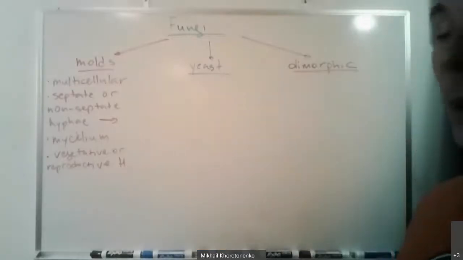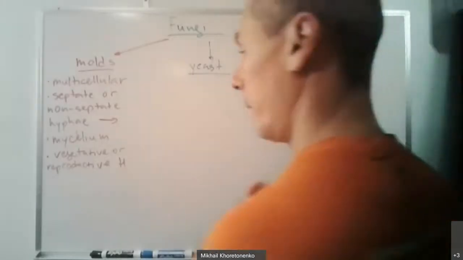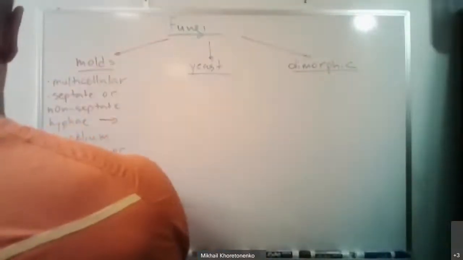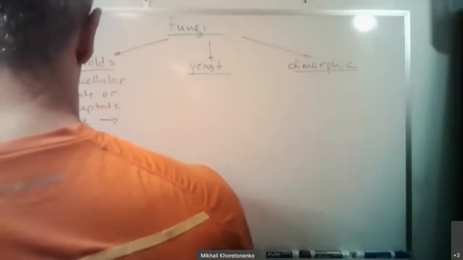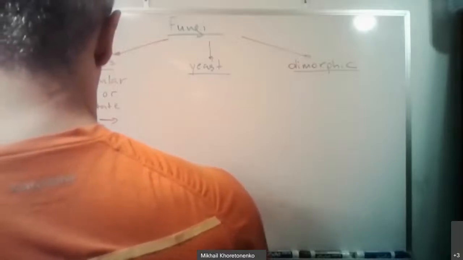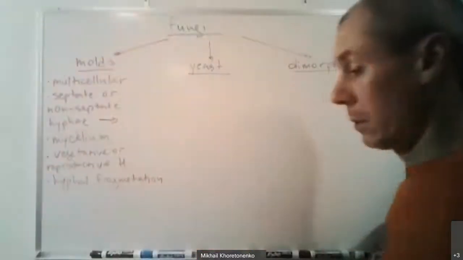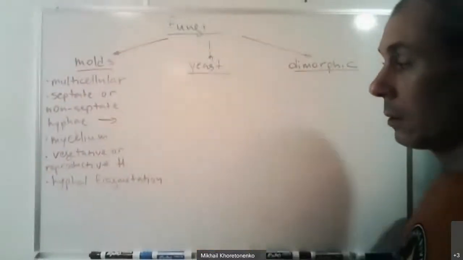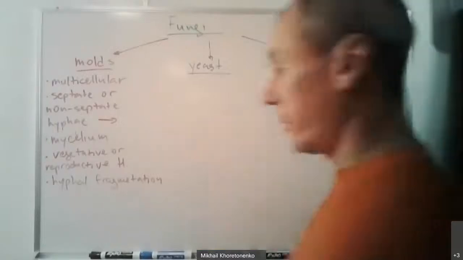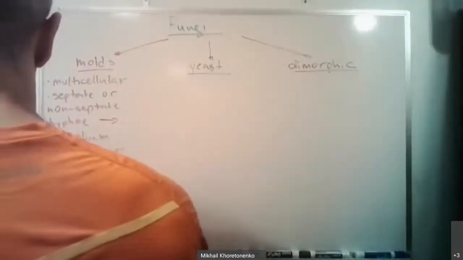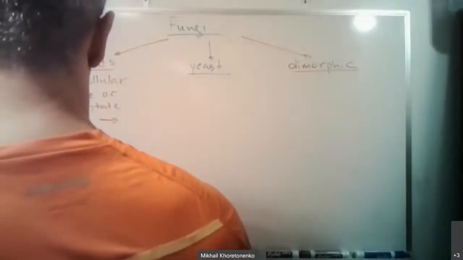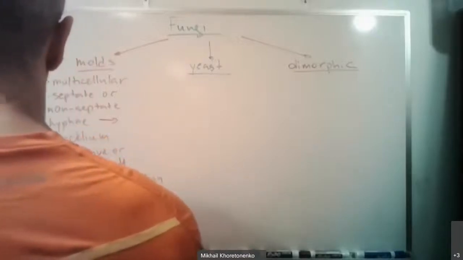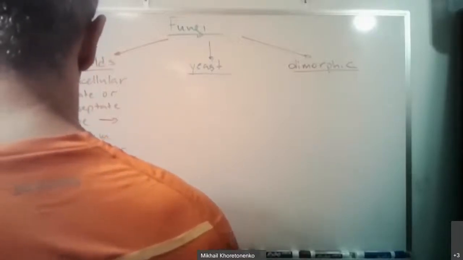So what are the reproductive strategies for molds? Hyphal fragmentation, and two types of spores: asexual spores and sexual spores.